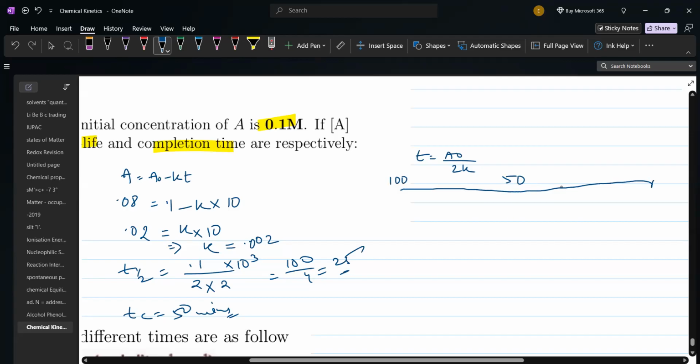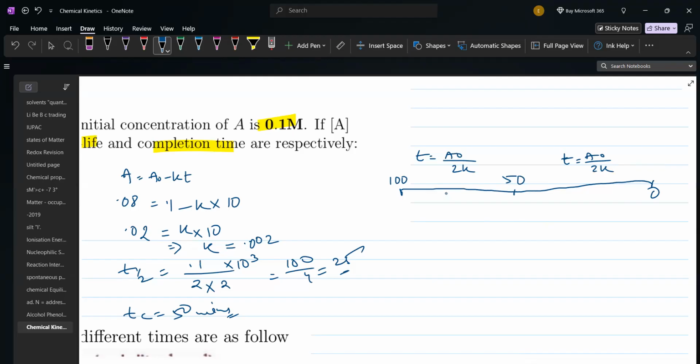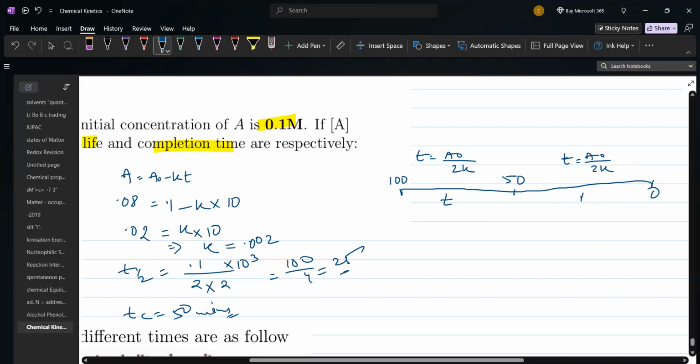And if you spend another a naught upon 2k time, the concentration will be over. It will become 0, 100% complete, right?